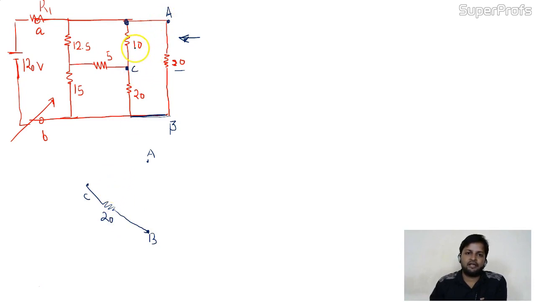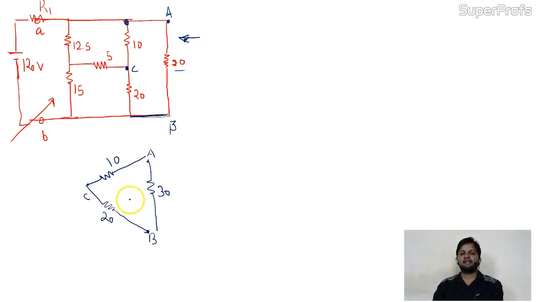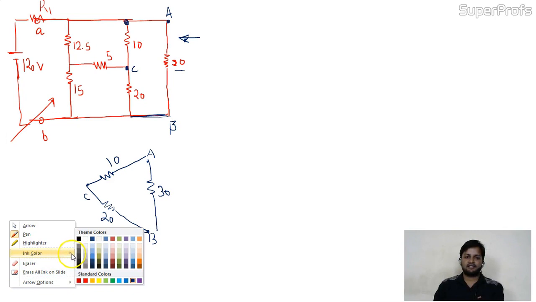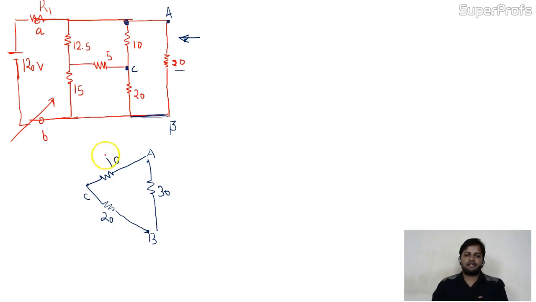Between C to A I have 10 ohm. A to B I have 30 ohm. This is the delta circuit. So if we resolve this circuit into star, maybe it will be beneficial for us to solve the circuit. Let's check it. Our task is to convert this into an equivalent star.